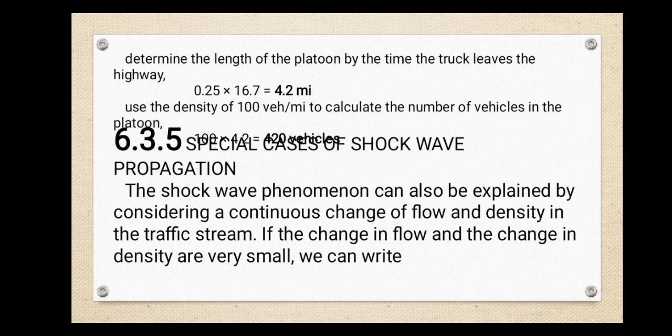Next, we will use the density of 100 vehicles per mile to calculate the number of vehicles in the platoon. So we have 100 times 4.2 is equal to 420 vehicles. Sorry for my PowerPoint.